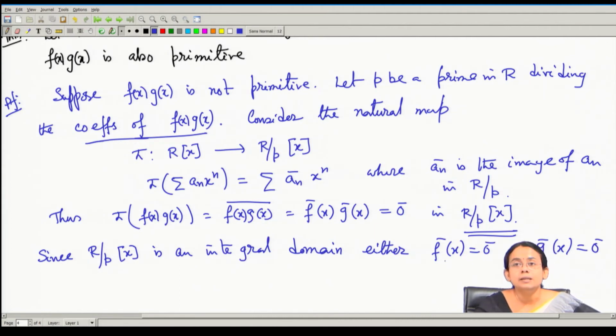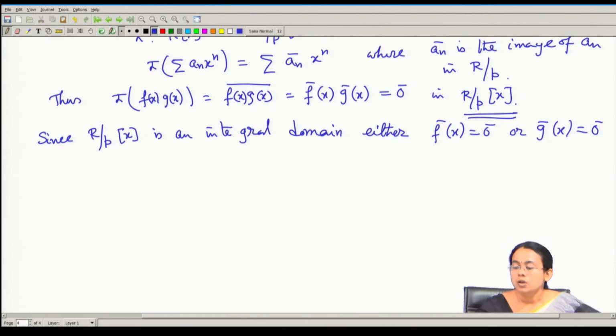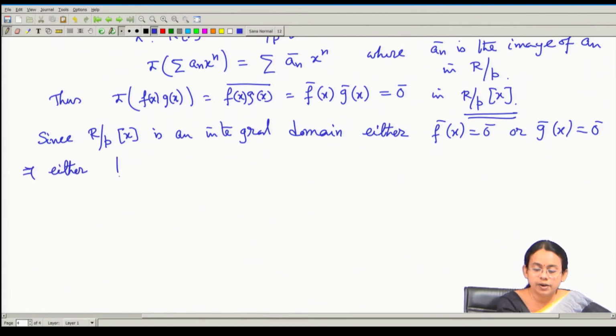But what does it mean that f bar(x) is equal to 0 or g bar(x) is equal to 0? That means all the coefficients of f are divisible by p, or all the coefficients of g are divisible by p. So this implies that either p divides the content of f, because content is nothing but the GCD, and if p divides all the coefficients of f, then p will divide the GCD of the coefficients.